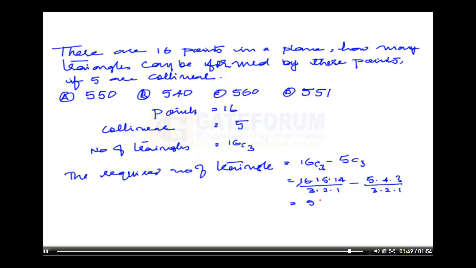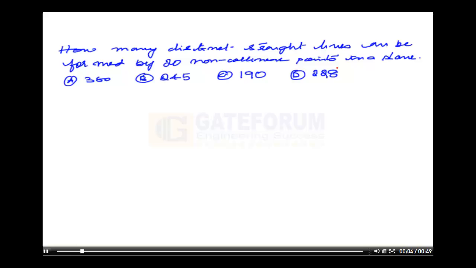So hence your number of triangles will be equivalent to 550. That is answer A. Given 20 points which are not collinear, so all the points cannot be taken on the same line.